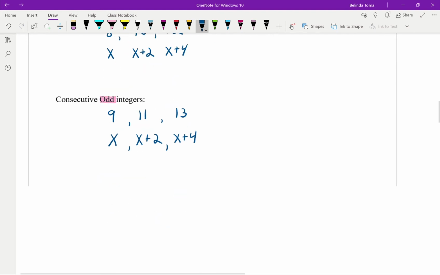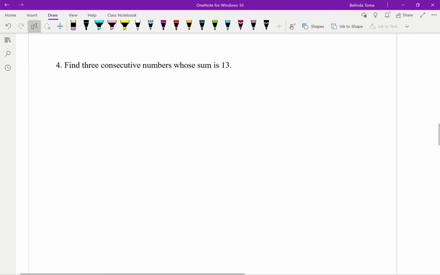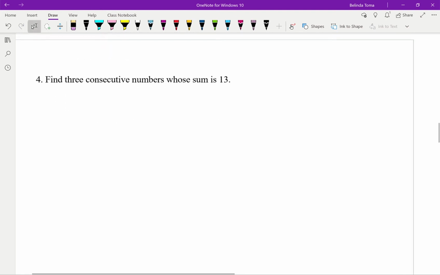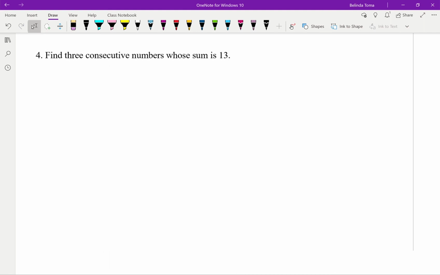Let's go ahead and put that into practice by doing number 4. Find 3 consecutive numbers whose sum is 13. So I'll point this out that we see the word numbers, and then we'll come back to that after we solve. So I'm going to use those unknowns that we identified.